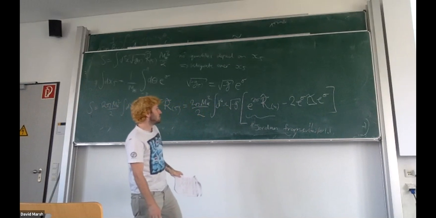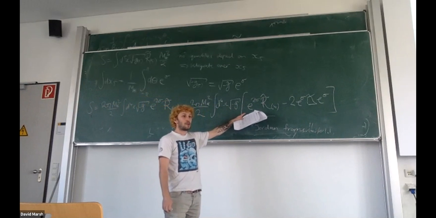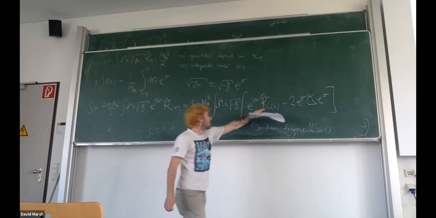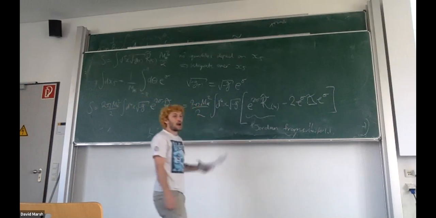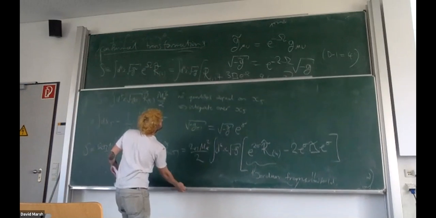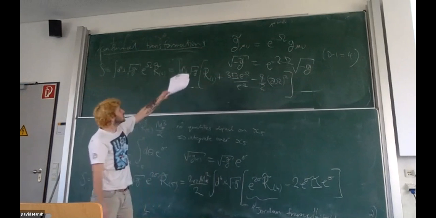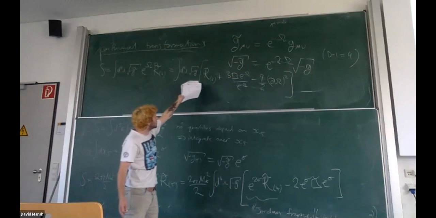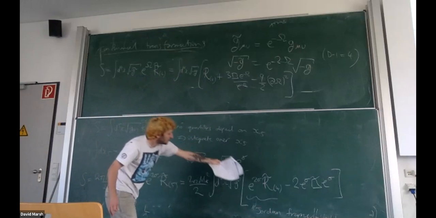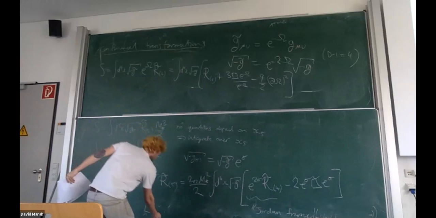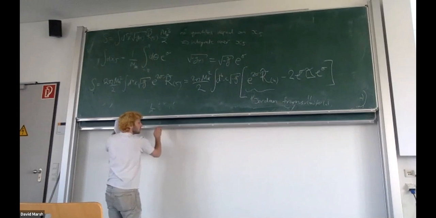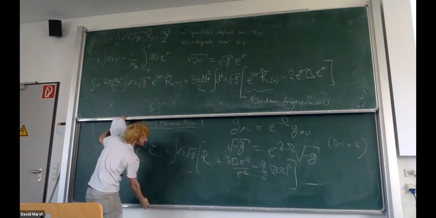And so now we just use our second result about conformal transformations to get rid of this factor and make the first part of this action look like Einstein-Hilbert in 4D. So we just use this result here, make a conformal transformation, get rid of our factor here. So we identify e to the omega equals e to the 2 sigma, and we make a conformal transformation to go to the so-called Einstein frame.